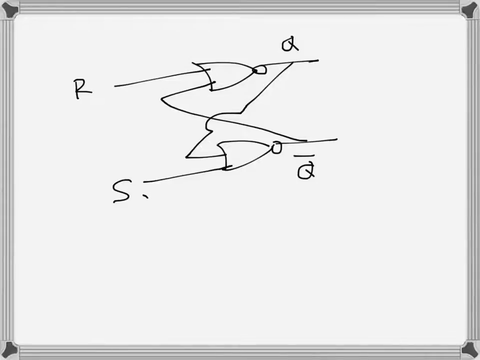I will look into how an RS flip-flop, NOR gate RS flip-flop works. So the RS truth table, QT is the Q here at present state, and QT plus 1 is the next state, which actually changes after any of the inputs change.